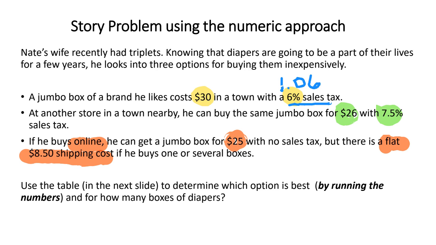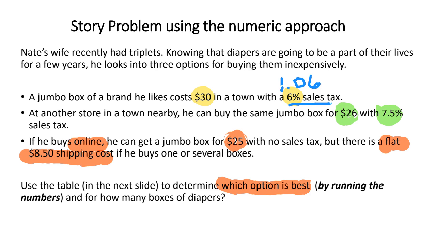Now, the table here is just teaching you how to read it. It is saying, using the table in the next slide, determine which option is best. Sometimes they say, instead of the phrase which option is best, determine by running the numbers, finding the better buy, and how many boxes of diapers are going to be purchased.